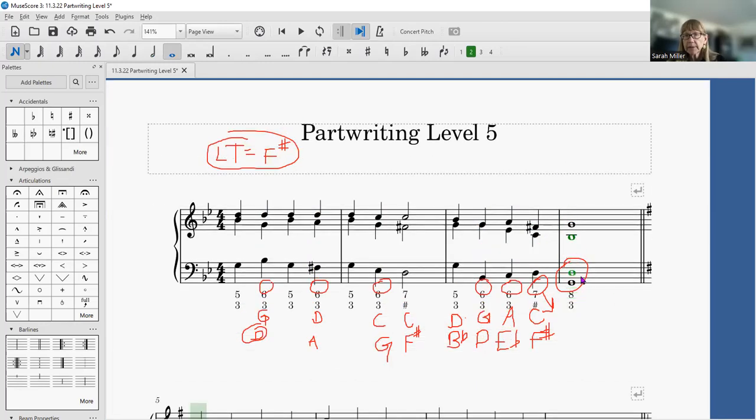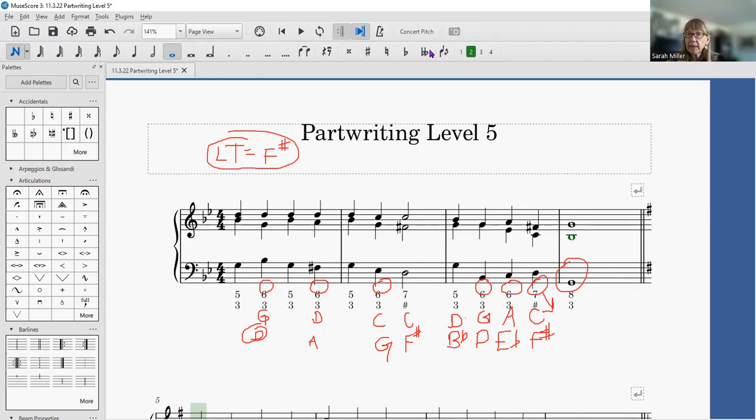There we go. Something like that. We have the third, we have the eighth. So G up to G, that's the octave. It may be a double octave in this case, but that's just fine. We consider those just fine. And then the third is the B flat because the chordal seventh is resolving down by step.